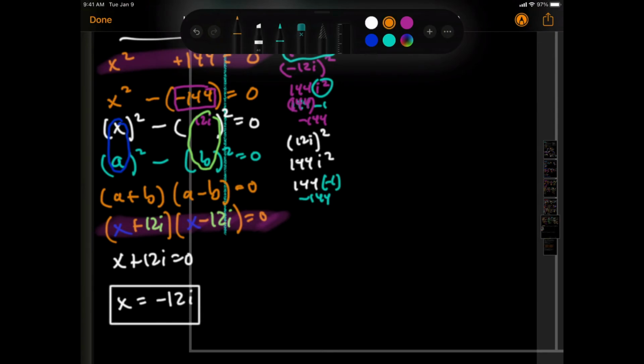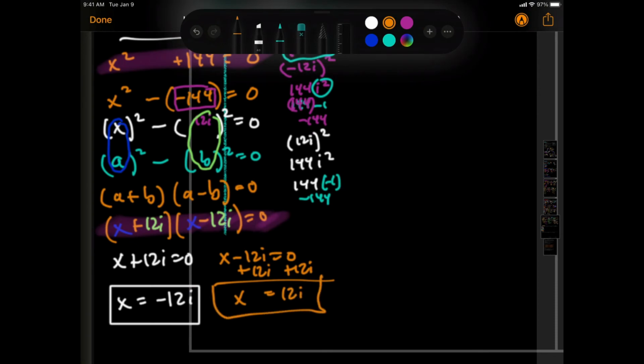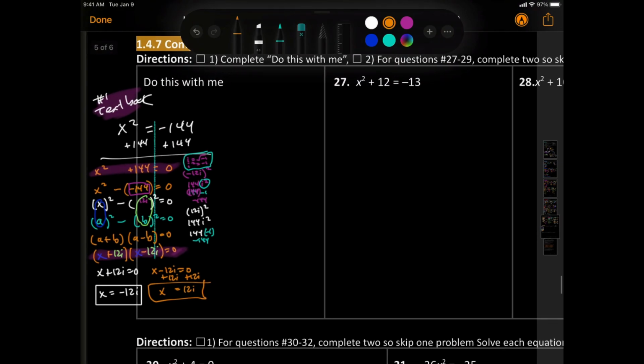And then over here, we do the same thing. Add it to both sides, and you're going to get x equals 12i. So basically x equals positive or negative 12i. So that is the textbook way of getting a solution by factoring.